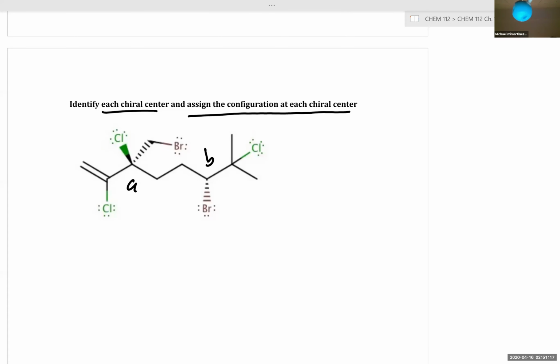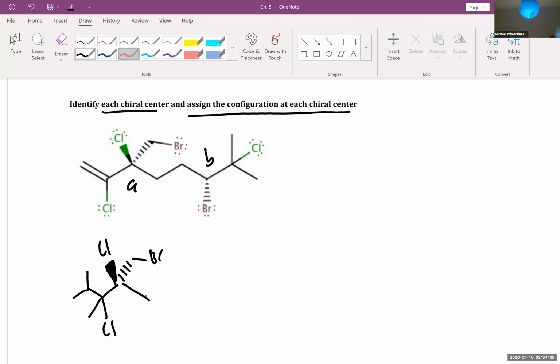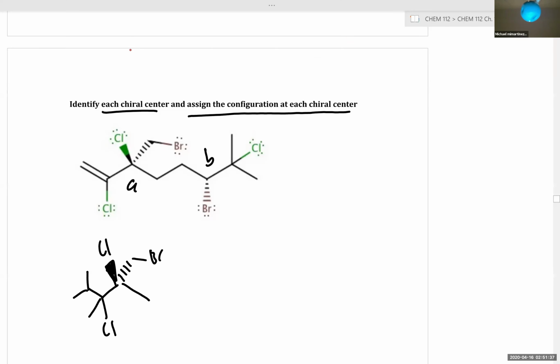I'm going to rewrite Stereocenter A so all of the atoms are depicted according to how they're viewed in the standard IUPAC method for assigning priority. So what's the highest priority group directly attached to carbon A?